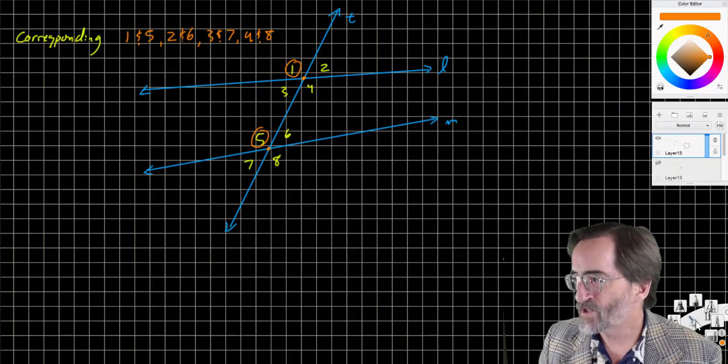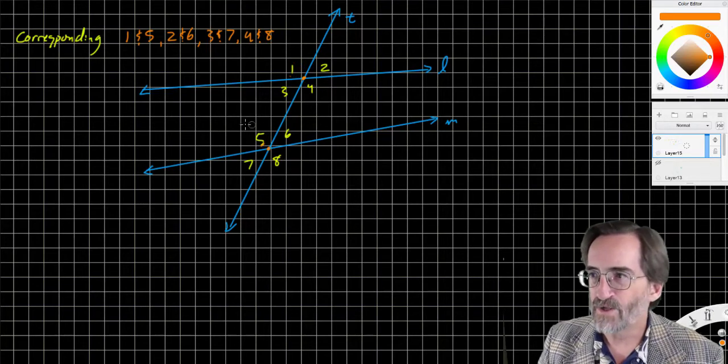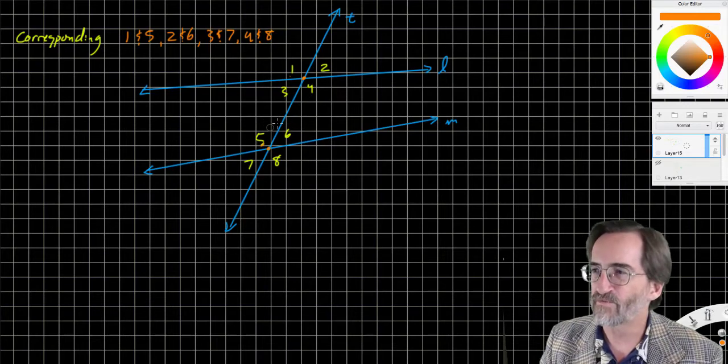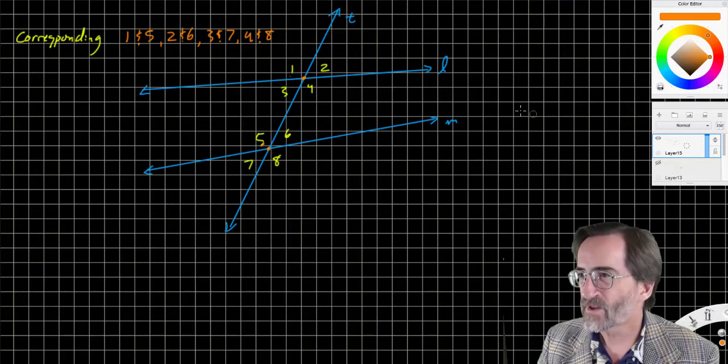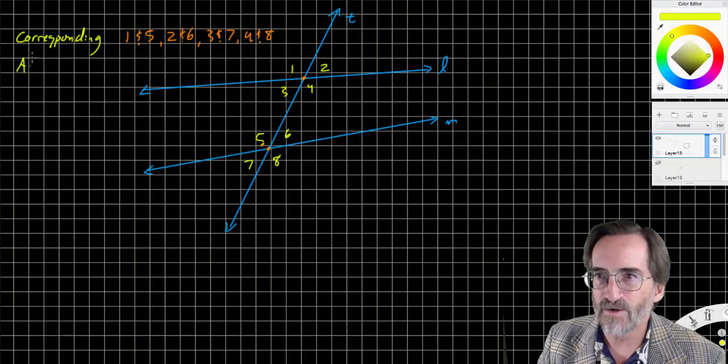We can also talk about angles that have another relationship called alternate angles. Alternate are on opposite sides of the transversal line here. So 4 and 5 are alternate angles, and they are specifically alternate interior.